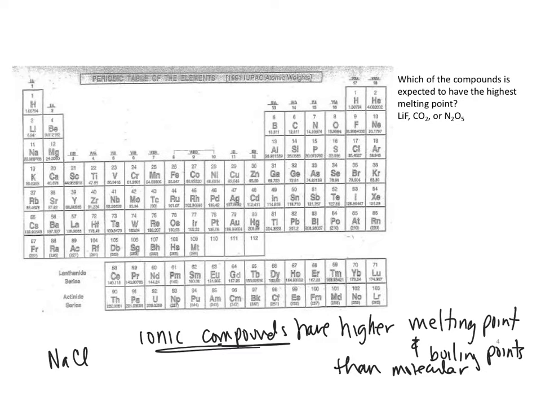Sodium chloride is an ionic compound, and its formula mass, if you add that up, let's see what that would be. Sodium is 23 and chloride is 35, so it's approximately 58 grams per mole.